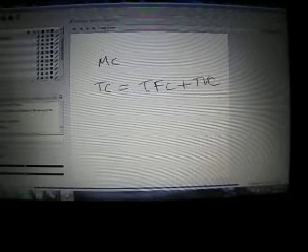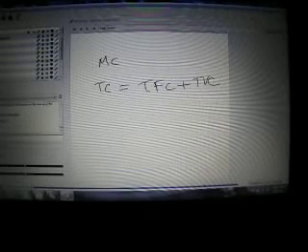There are two parts to the total cost: total fixed cost plus total variable cost. Is marginal cost related to both of these two parts of the total cost? Yes or no?